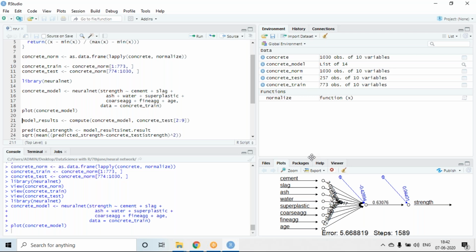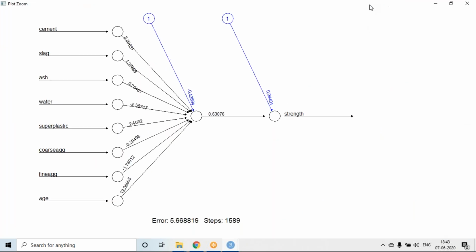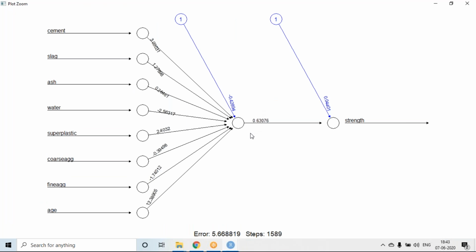Go to the plots, zoom it up. There is a zoom sign. See the blue ones. Everybody see these blue lines are the estimates of D1 and D2. The 2 Ds. So when I say nothing, it notes that there is only one hidden layer. So the default is one hidden layer, one node.